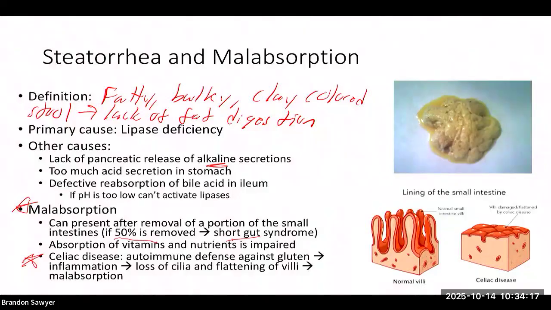So celiac disease is, Andy, go ahead. You have to just supplement with more vitamins and nutrients then, most of the time. My mom had cancer and she had most of her colon and small intestine removed. Wow. Yeah, so some vitamins need to be injected because they're not absorbed well in the intestines, and others can be taken via supplements.